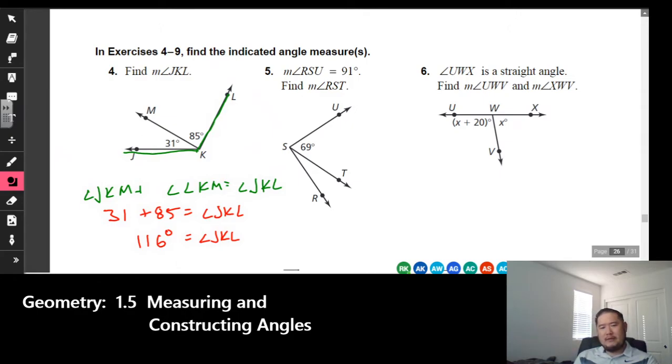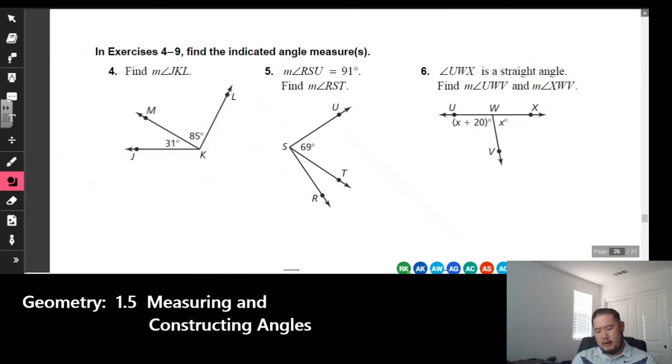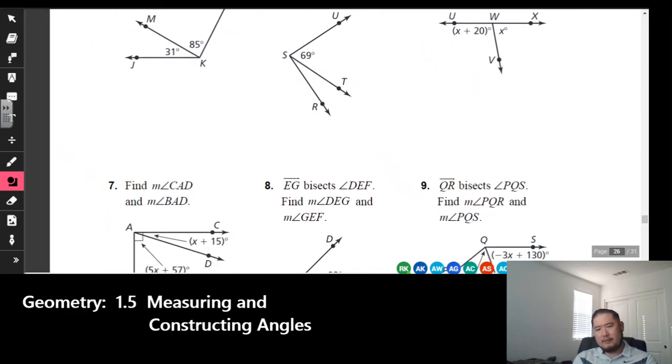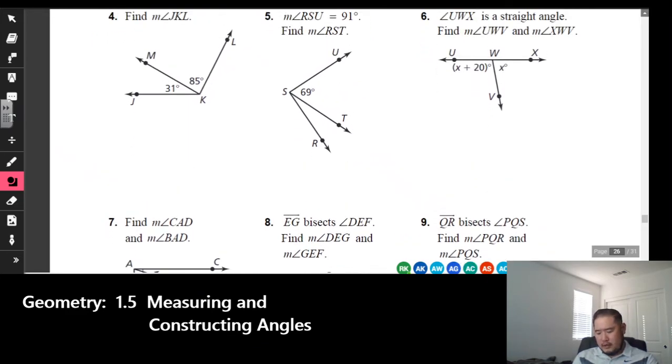Next up, number 5. We want to find angle RST. How do we do that? I've got angle UST, and if I add angle RST, that's equal to angle USR, or the same thing as RSU.